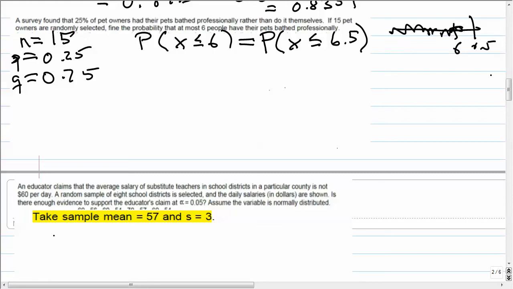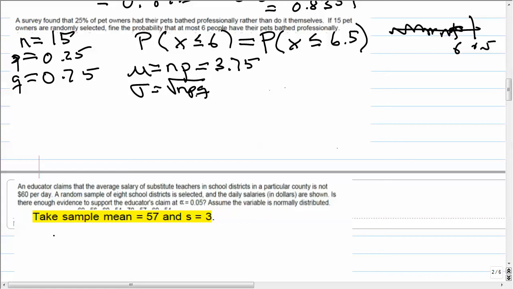Next step is I need to convert this to standard normal. I need to know the mean. The mean associated with a binomial is n times p. If you multiply n times p, you get 3.75. The standard deviation is the square root of npq.